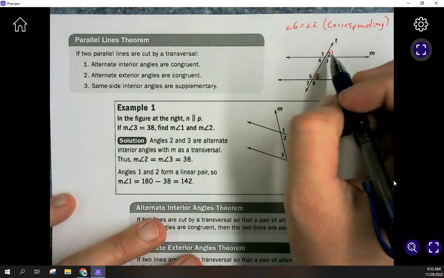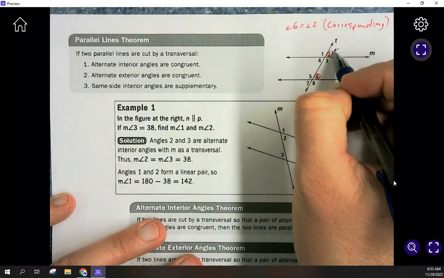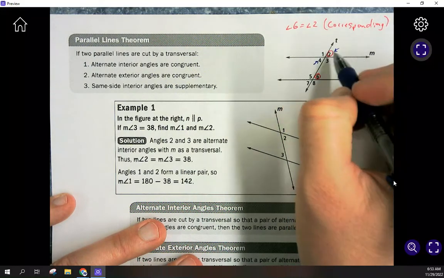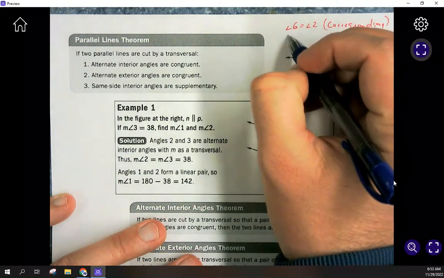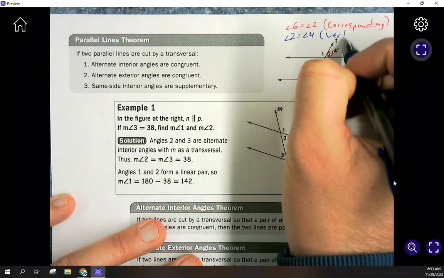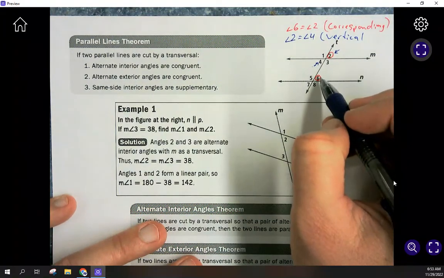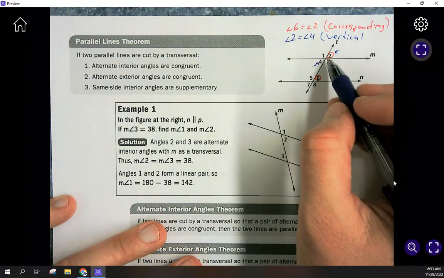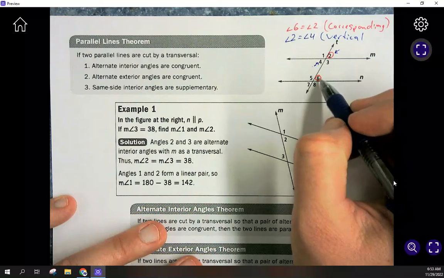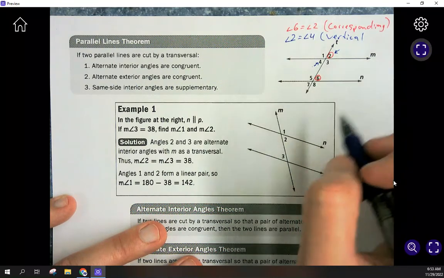We also knew, let's use blue here, that 2 equals 4 because they're vertical. And so we knew that 6 was equal to 2, 2 is equal to 4. So that means all of these are going to be equal to each other. So angle 6 actually equals angle 4.